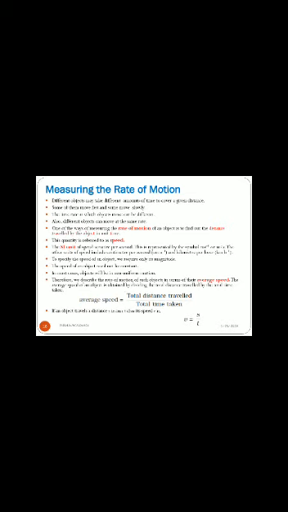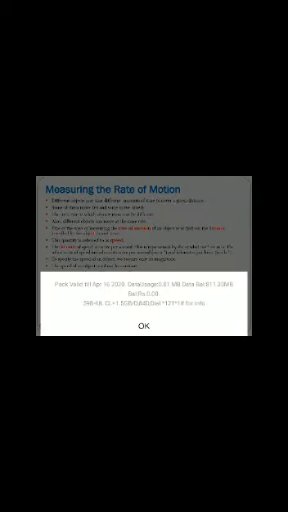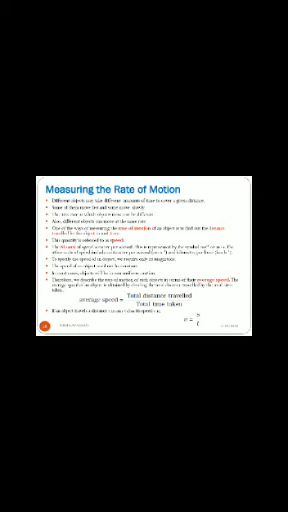So we can define one way of measuring the rate of motion of an object as finding out the distance traveled by the object in unit time. This quantity is referred to as speed. The SI unit of speed is meter per second. This is represented by the symbol m s raised to minus 1, or we can write meter per second.